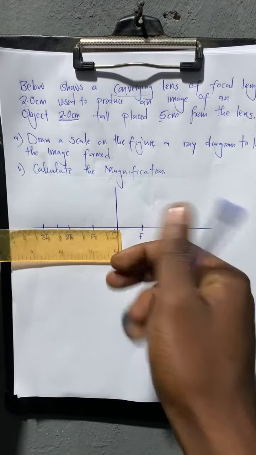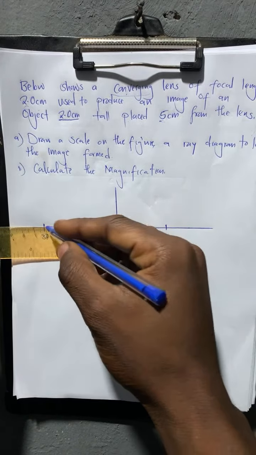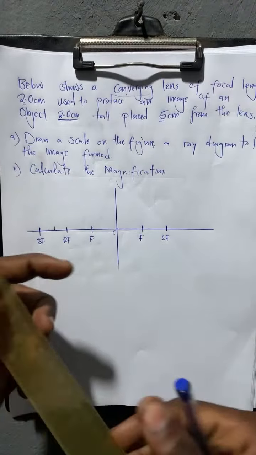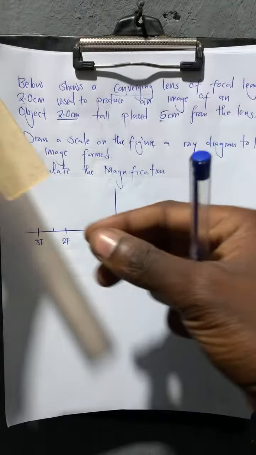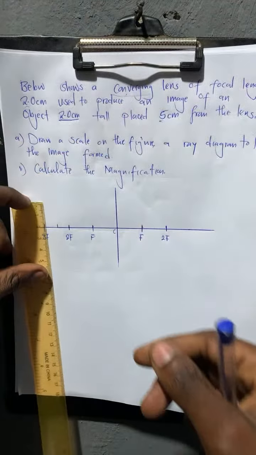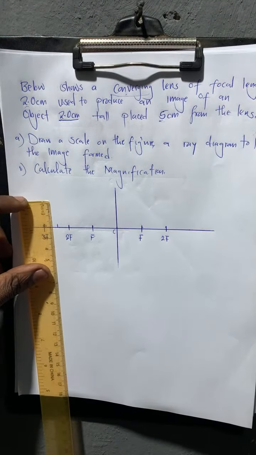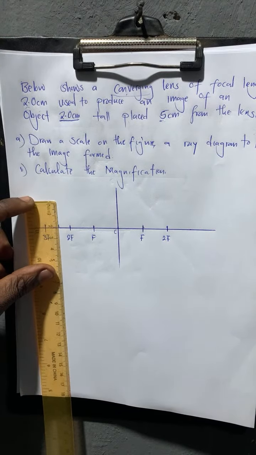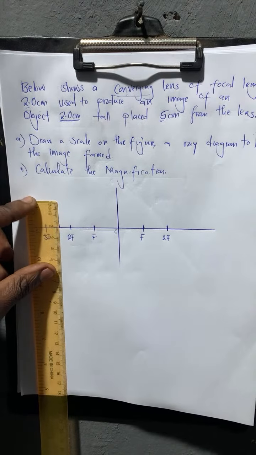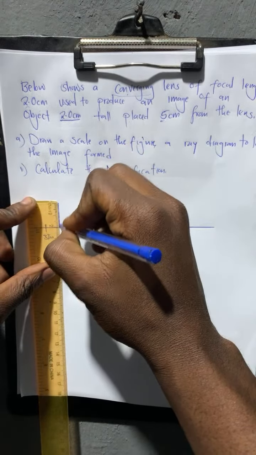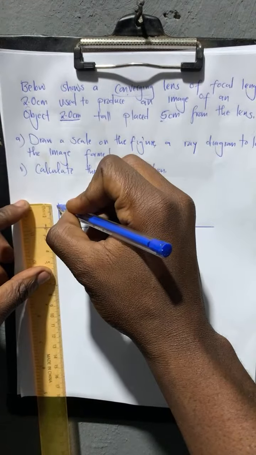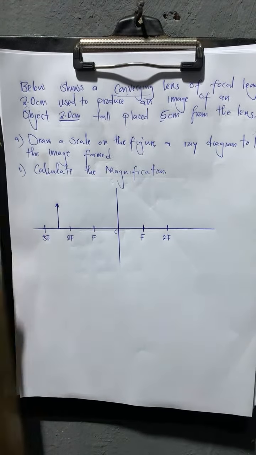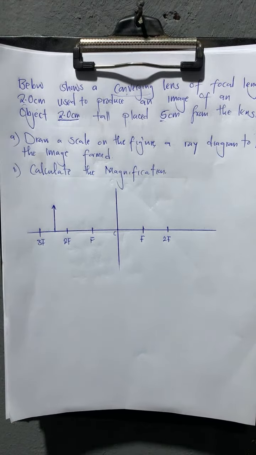How high is it supposed to be? 2 centimeters. So you get your ruler, you say it must be 2. You go where 2 is, like this, okay? You say this is 2 centimeters. You follow the instructions. Then once you draw this, you show it clearly.